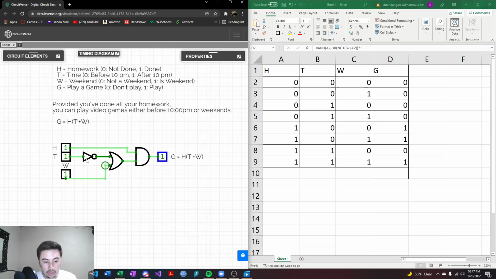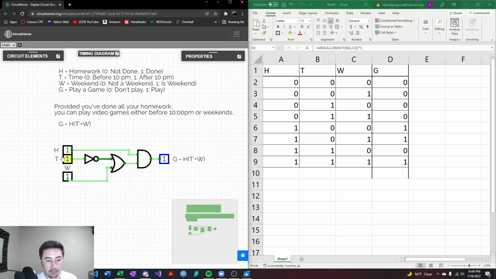Now the actual structure of the digital circuit. Like I said, we have the time negated because I defined 1 to be after 10 p.m. If you do it the other way around, then you won't need that NOT gate, but from my definitions, we need a NOT gate there. That goes with the weekend into an OR gate.